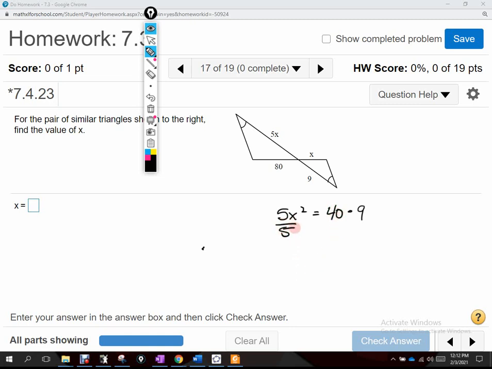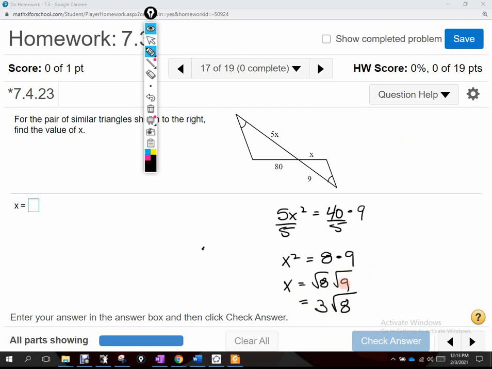I can still divide by 5. So that's going to give me x squared is equal to 8 times 9, right? I can still square root this the same way. So x would be the square root of 8 times the square root of 9. Well, what's the square root of 9? 3, okay? Now, I don't know what the square root of 8 is yet.